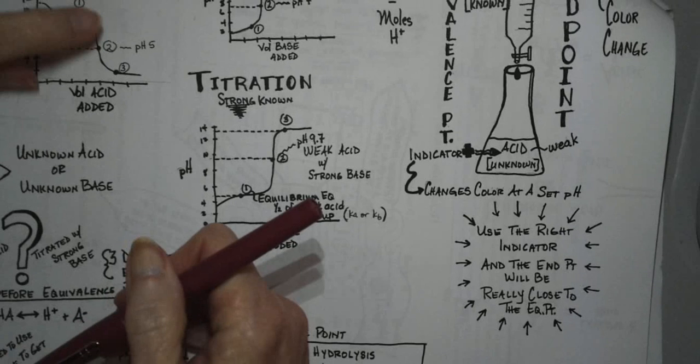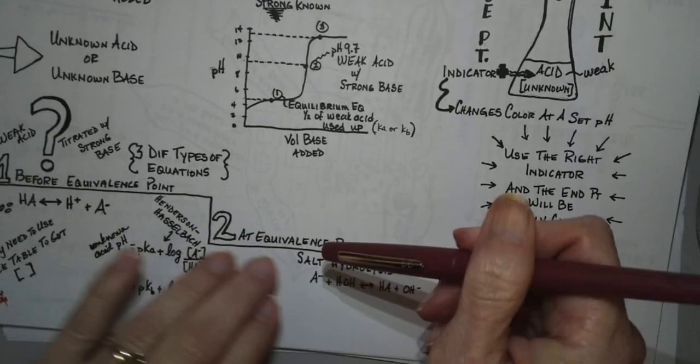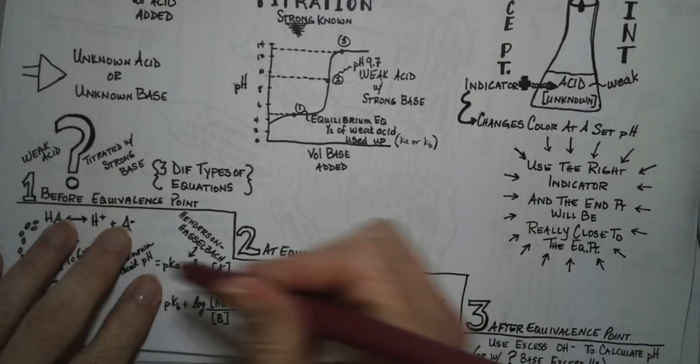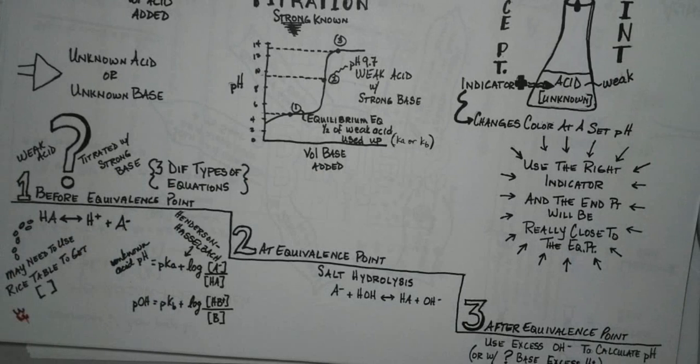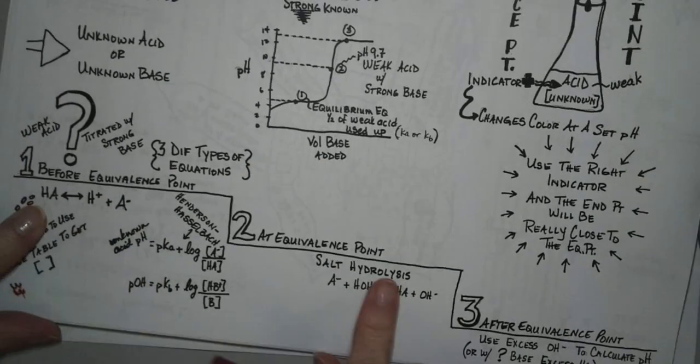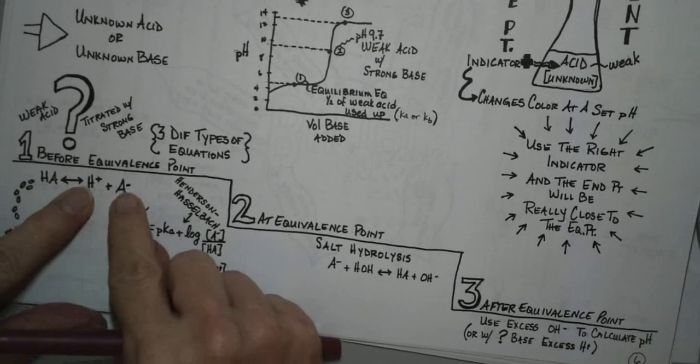Before the equivalence point, all these are in the form of an acid right here. I've got the acid, the concentrations of the hydrogen and the anion. Those are little pieces of rice, so you may need to use a rice table to get these.